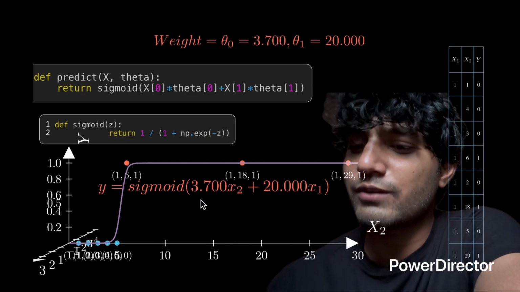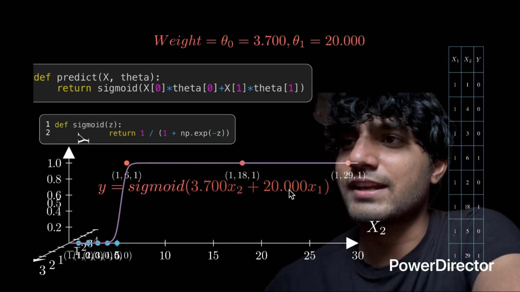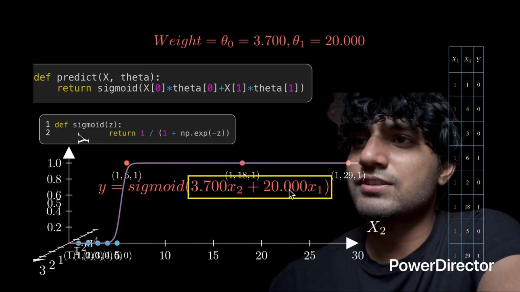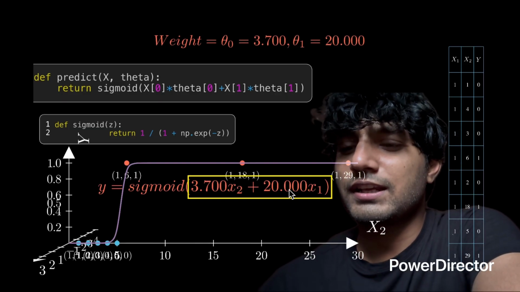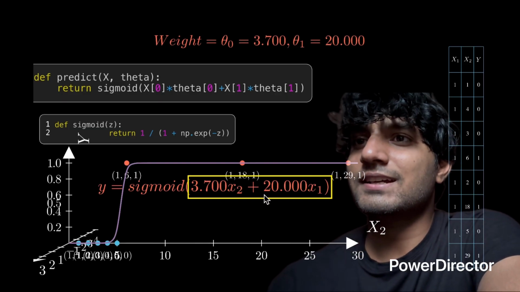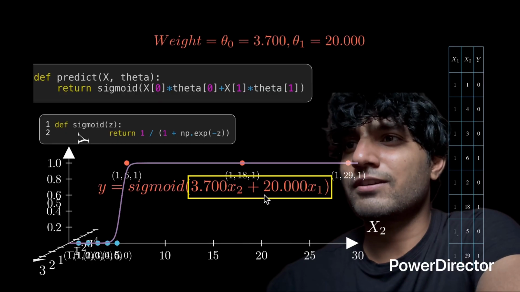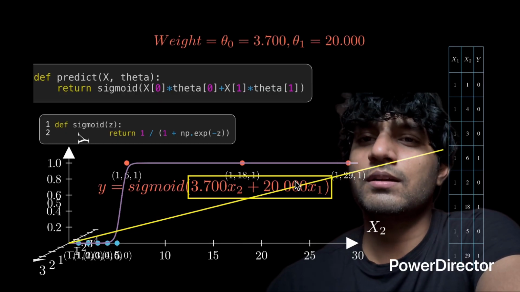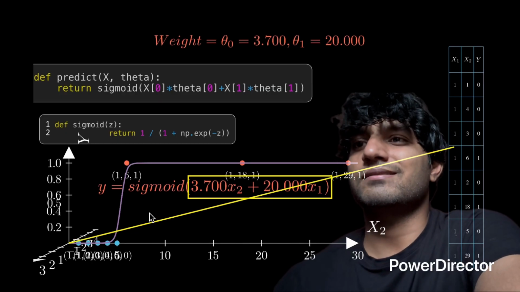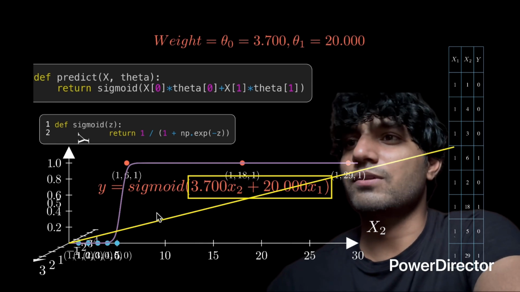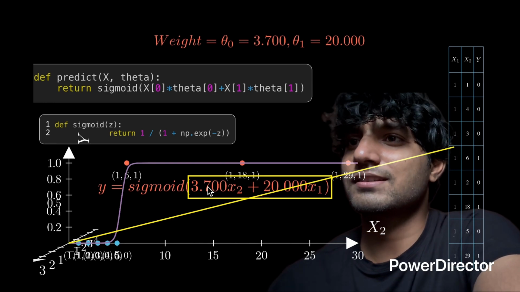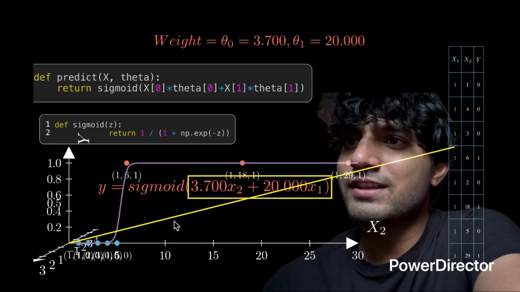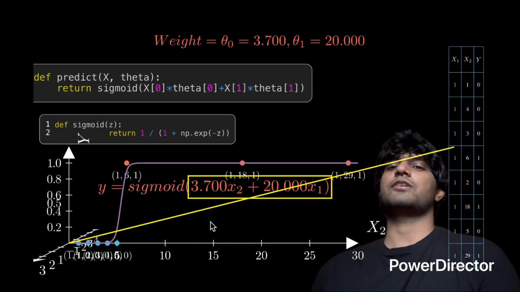But if you only focus on the straight line, that is the linear part. The linear part creates what you can think of as a decision boundary. So if you just print this kind of straight line, it will tell you the best line which segregates these data points, right?